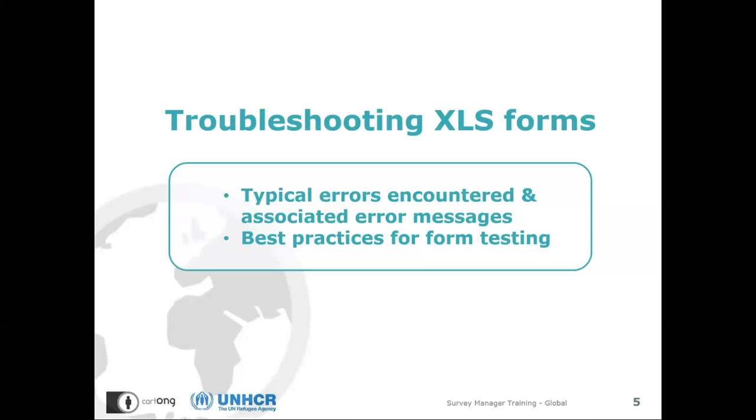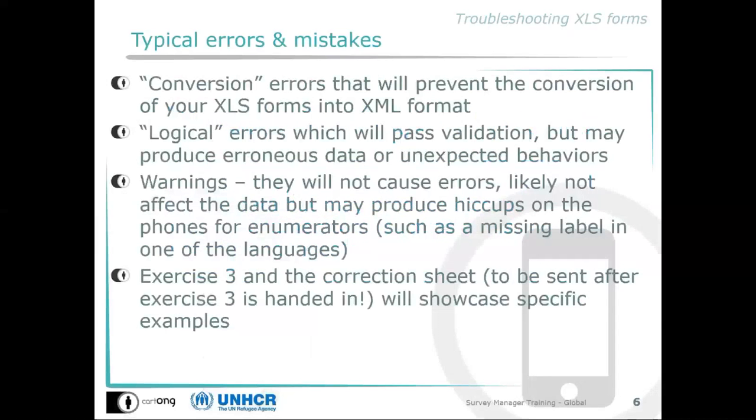So a very important part of you changing your forms yourself will be that you also have to troubleshoot the forms, which is why we decided to have a chapter on this today. So, typical errors and mistakes that can happen while changing forms.